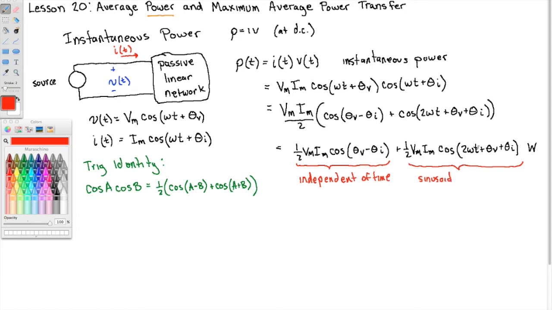Okay, so it does change with time, but notice its frequency is twice the frequency of our voltage and current. Sinusoid of twice the frequency of V and I.